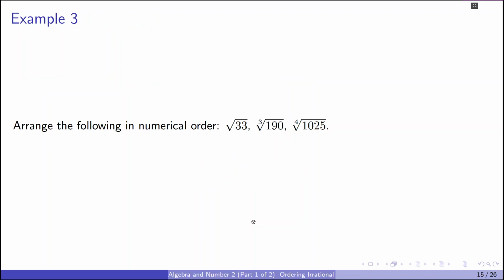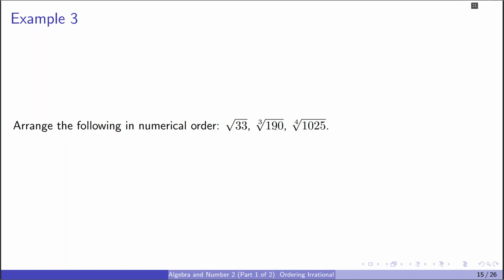Now let's put these in order. Now we have a square, a cube, and a fourth root. So we're going to have to check these one at a time. We can see root 33. 33 is between 25 and 36. So this will be between 5 and 6. Cube roots are not as obvious.